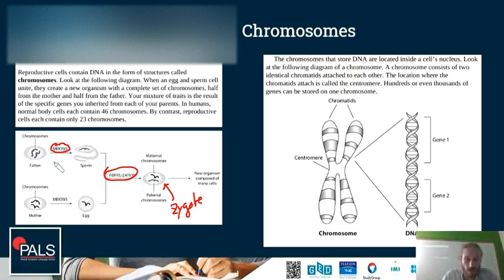And meiosis is a so-called reduction division, where the number of chromosomes from the father's and mother's cells is halved, so that sperm cells and egg cells have half the number of chromosomes. The same is true for the egg cell. The egg cell has half the number of chromosomes.